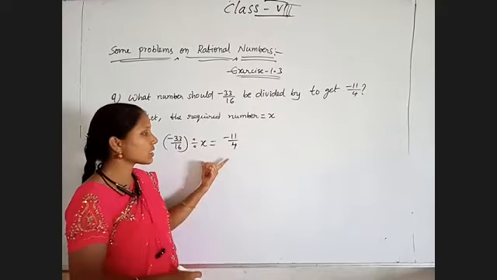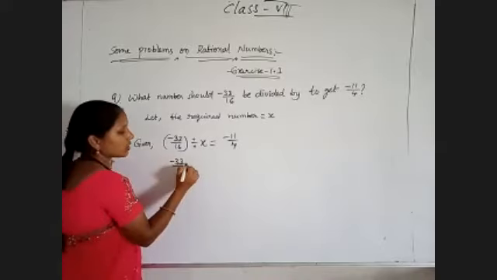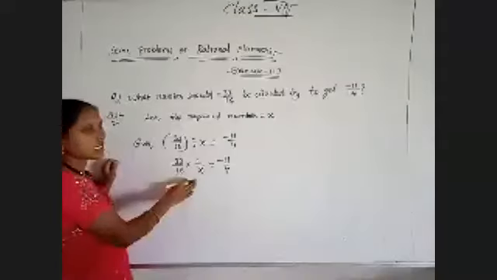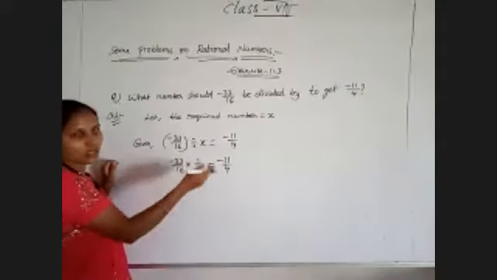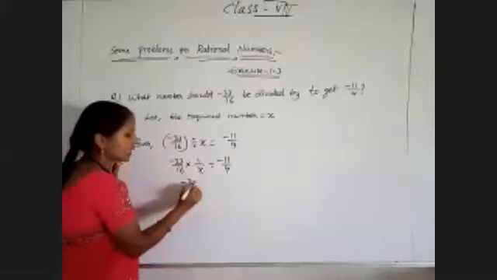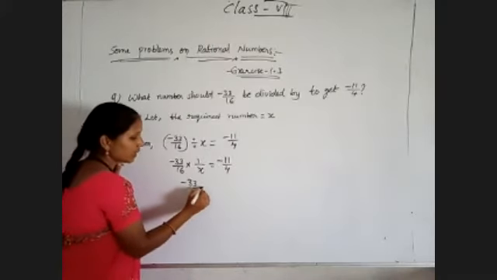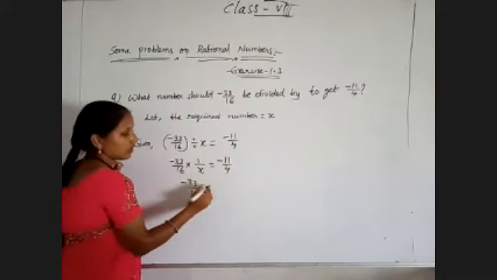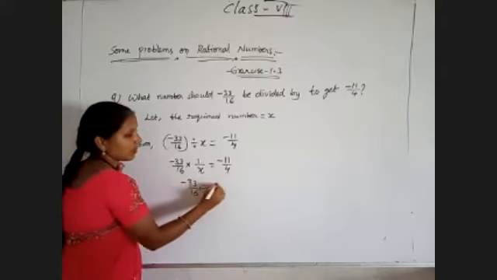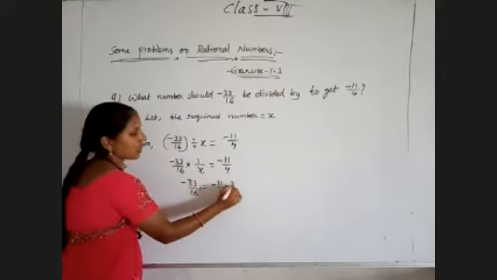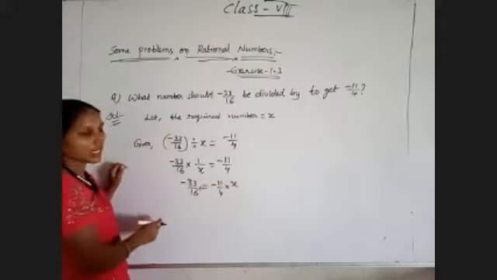Now what I'm doing, the division by x is changed into the reciprocal, that is 1 by x, and now we need to get x in the numerator, so bring that side: minus 33 by 16 into 1 by x is equal to minus 11 by 4 into x by 1, that is nothing but x.